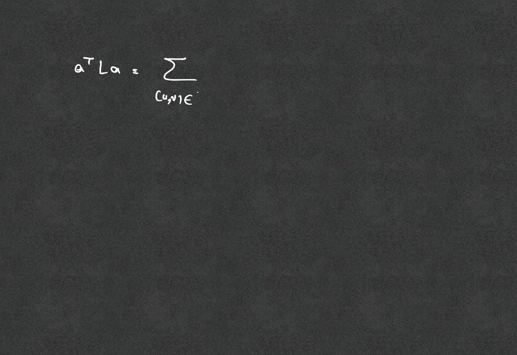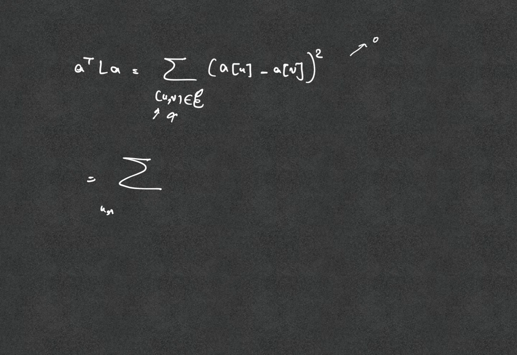For each U and V of the set of edges, you have (AU minus AV) to the power of 2. What does this mean exactly? If U and V both belong to A or both to A complement, then this thing is going to be 0. The only case in which it is not 0 is the case in which (U, V) is an edge such that U is in A and V is in the complement.